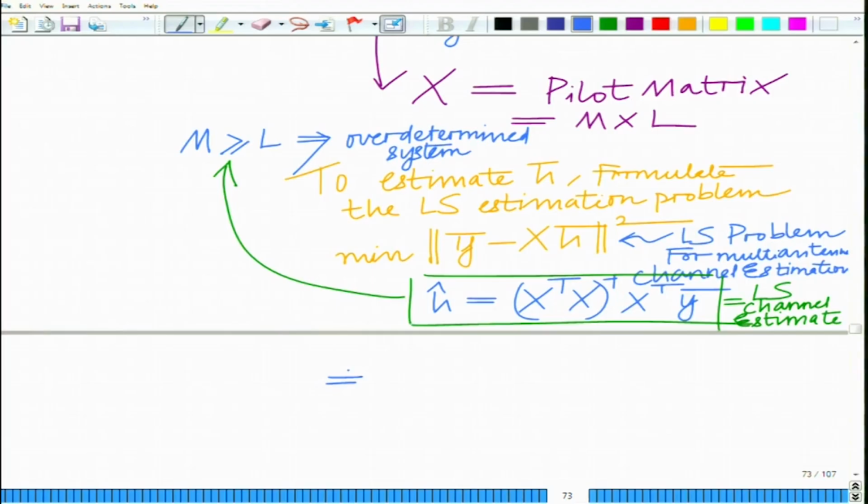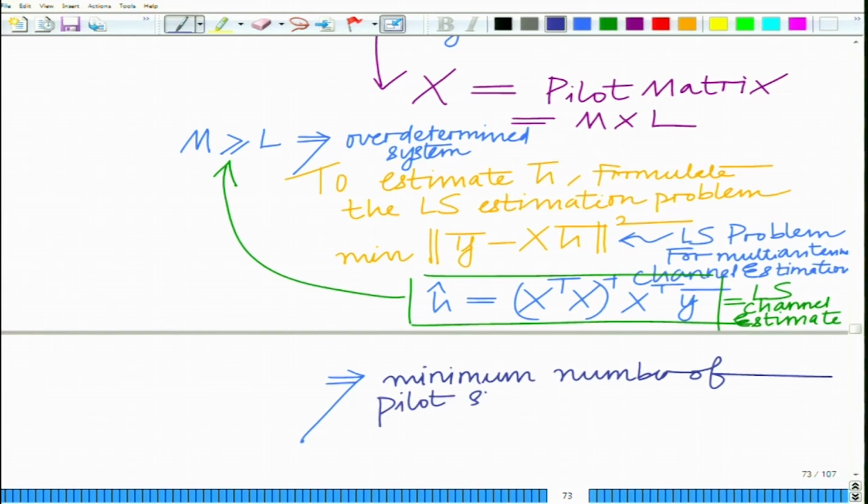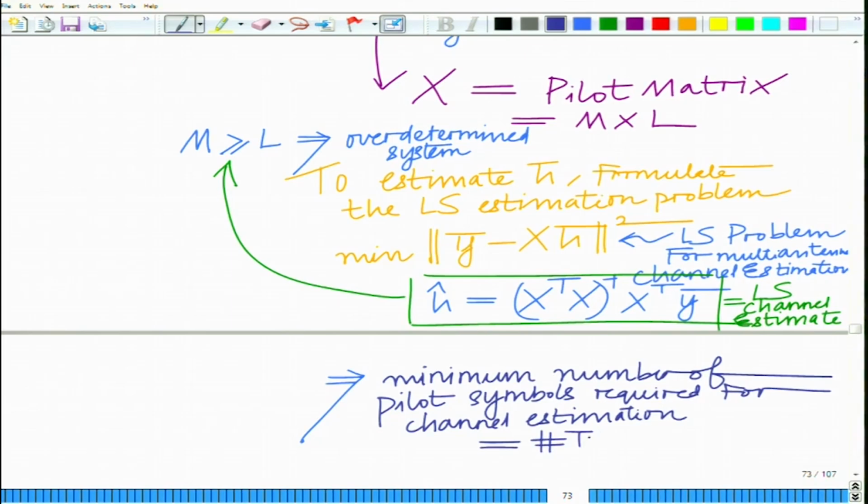This implies the minimum number of pilot symbols required is L, that is, m has to be greater than or equal to L for estimation of this multi antenna channel, right.